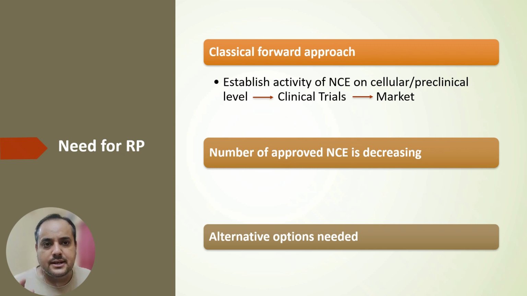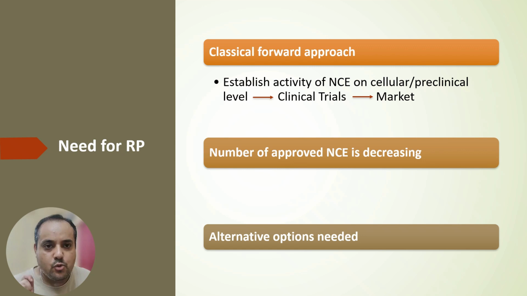Now the question that arises is, why do we need reverse pharmacology? You know that there is already a classical approach by which a new chemical entity is ultimately converted into a drug. This approach is the classical forward approach.